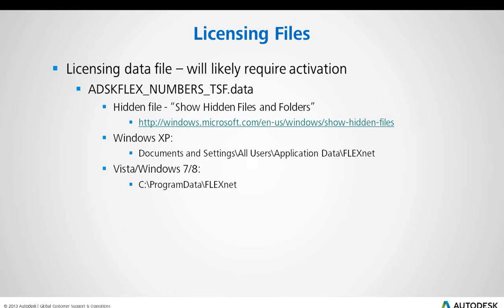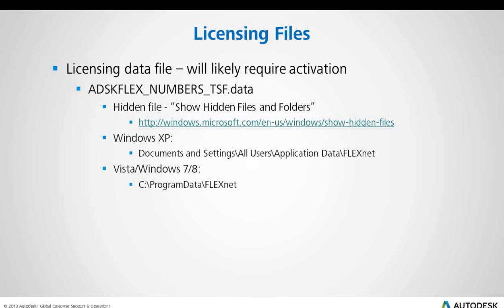These are under program data / FlexNet for most people. If you're on Windows XP, it'll actually be under Documents and Settings, all users, application data, FlexNet. But at that point, you don't have to worry about hidden folders because XP just shows you everything. But then in Windows 7, 8, you have to make sure you can see the hidden files or folders, or just type in the specific path to it. So C program data, FlexNet.